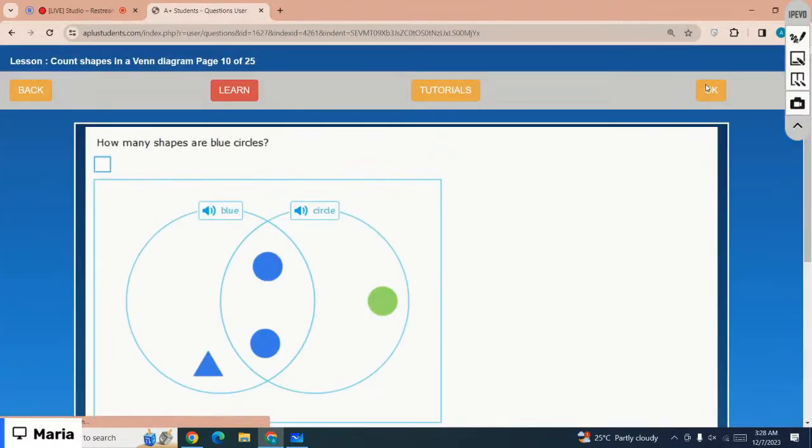Okay, the next one is how many shapes are blue circles, right? Now you need to count the ones that are blue also and circle also. So which is the correct option?